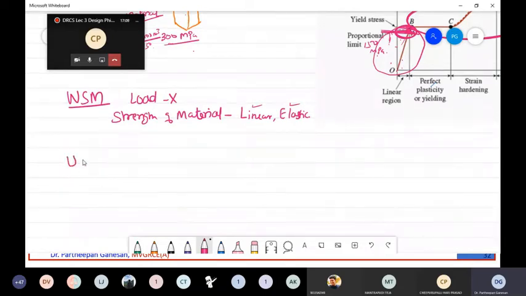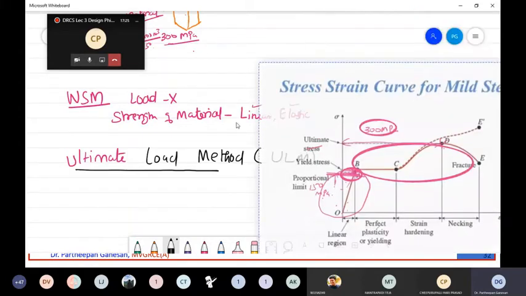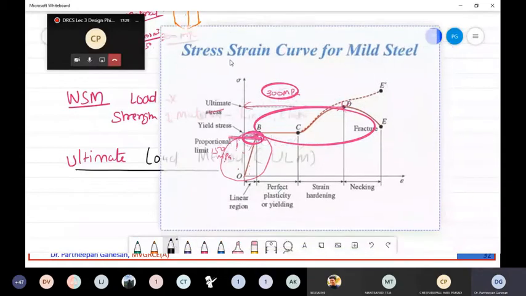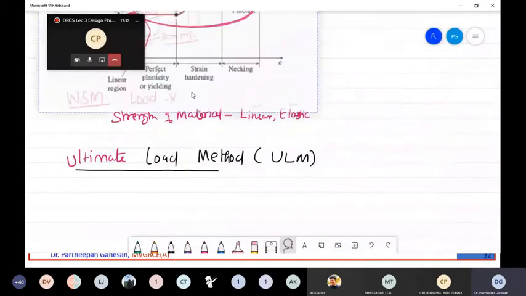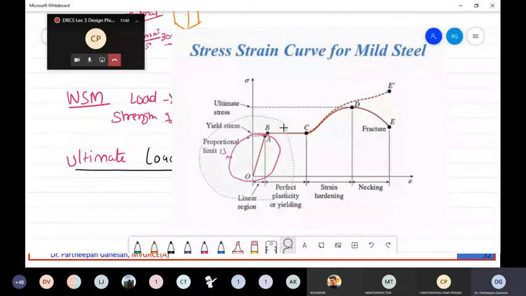Whereas in the ultimate load method, ULM, again you have a load and the strength of the column material.